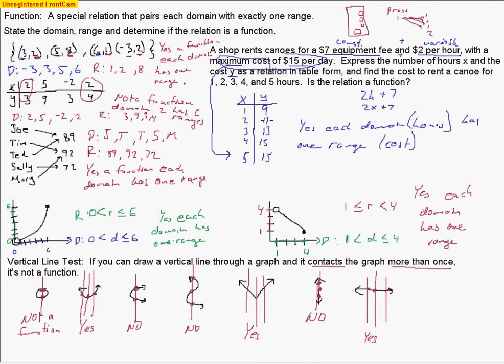You're just going to get $11. When you plug in 3, you're going to get 13. 4, you're going to get 15. And anything bigger than 4, you're always going to get 15. So you're always going to get the same cost. Your cost is not going to change if you have, let's say, 2 hours. Your cost will not be $11 or $13. It'll always just be 11. And that's what a function is. It always has the same range value for each domain. So each domain has just one range.